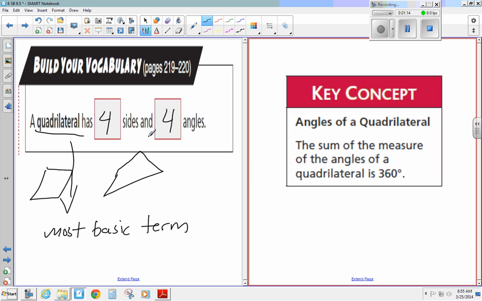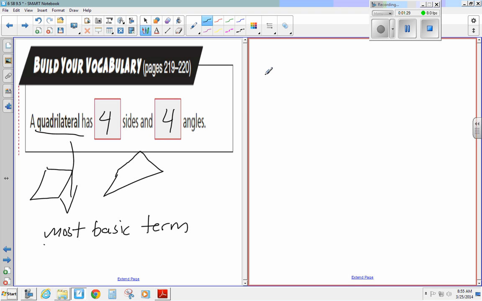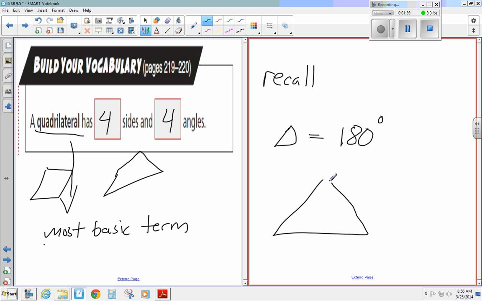All right, and one of the key concepts here is that the measure of the interior angles of a quadrilateral is 360 degrees. You may want to recall that a triangle equals 180 degrees. So you could have a triangle that was 60, 60, and 60.